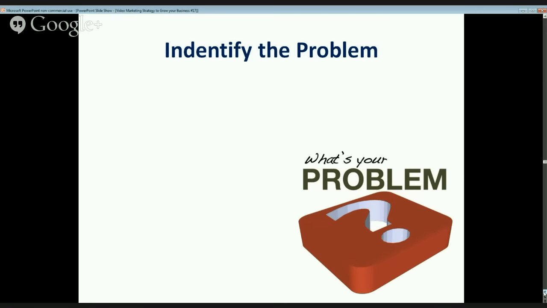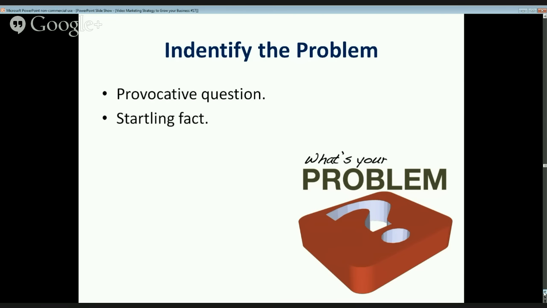Identify the problem. Now, you need to grab their attention, and you can use a provocative question. Is your shoulder stopping you from enjoying life? Give a startling fact. Do you know that more than 5% of the population have a sore shoulder?